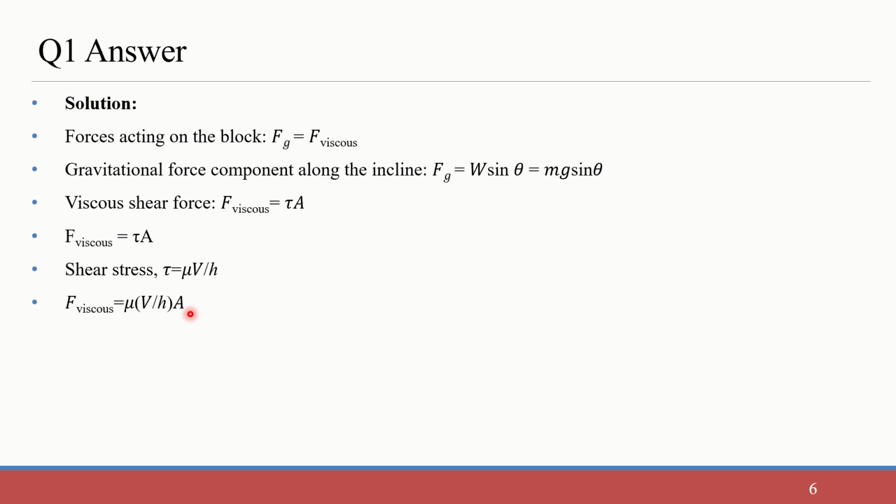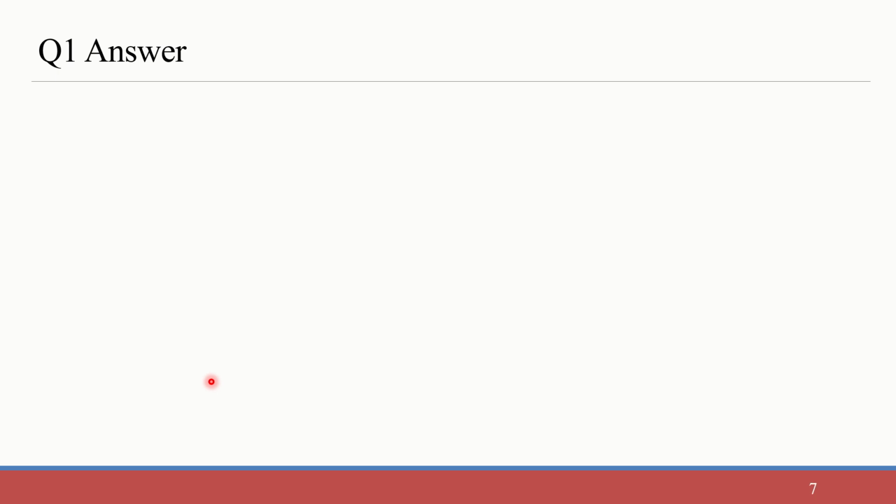So now we are balancing this at terminal velocity, so the net force is 0. That's why we are balancing these two forces acting on the block, and we are substituting everything: mg sine theta equal to mu into V by H into A. Okay.